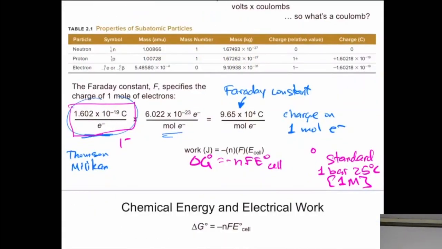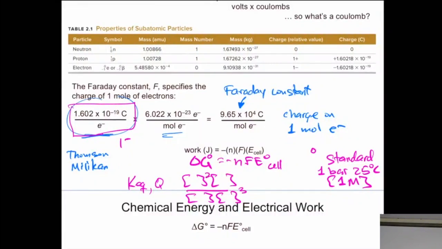And the beauty of using things in 1 molar, and this will be a little bit of good review for you, when we're dealing with KEQ or Q or anything like that, mass action expressions, right? It's always the concentration of the products divided by the concentration of the reactants, raised to whatever stoichiometric coefficients, right?